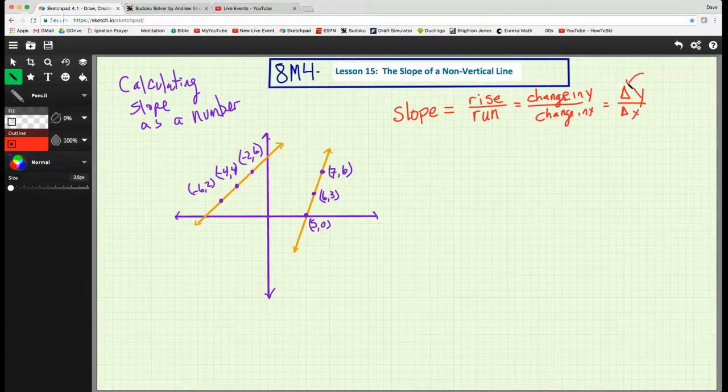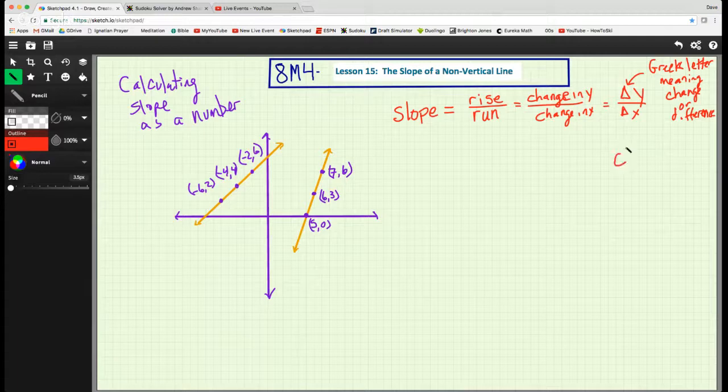And all delta is, it's a Greek letter that was adopted into math, meaning difference, change, how much something changes, or difference. Those are synonyms. If something goes from 3 to 4, a change of 3 to 4 is the same thing as the difference between 3 and 4, which is 1.